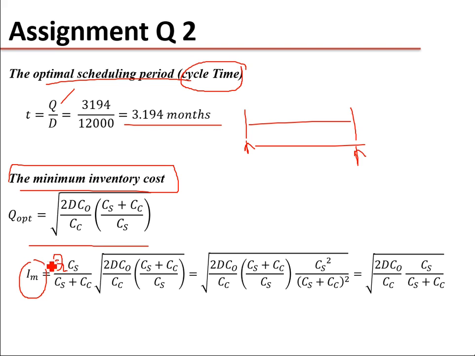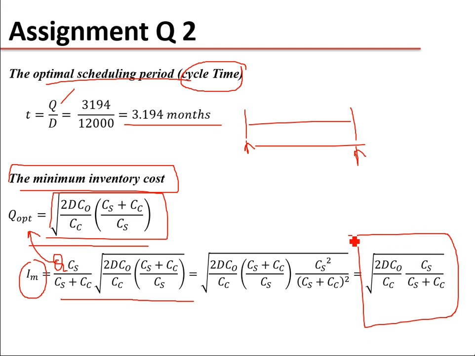Now we replace this Q with the value of this, and we can write Q in terms of this value, and after solving this IM, we can write IM in this form over there. That is the square root of 2D C0 CC CS upon CS plus CC. So this is the additional cost we can say.